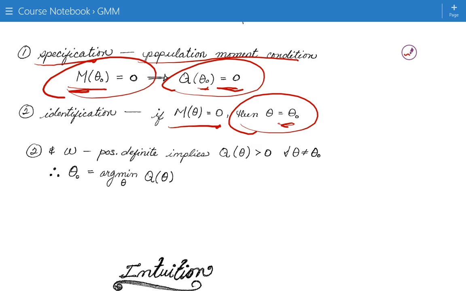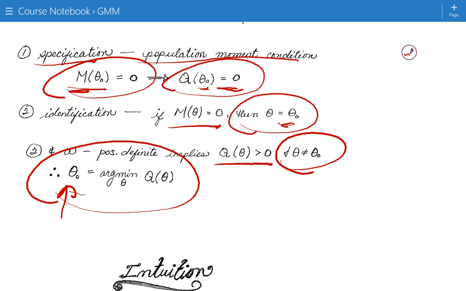And both the identification and the fact that W is positive definite implies that Q is greater than 0 for all theta that's not equal to theta naught, and therefore theta naught is the minimizing value of the capital Q, which is the population moment equations.